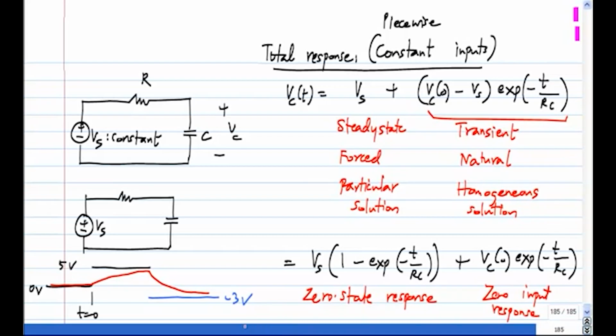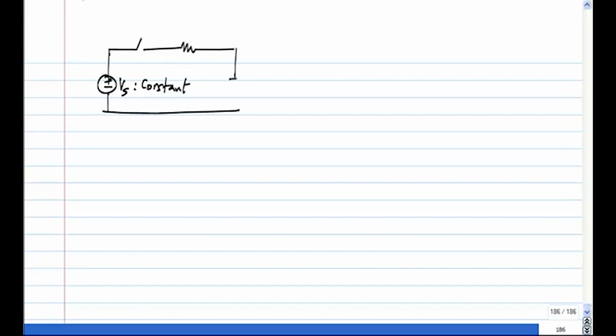Now, this kind of solution also applies when it is the same type of circuit, but looks very slightly different. So, let us say this is now a constant DC source, and you have R and C, and you must have seen problems of this type where the switch is either open or closed at some instant of time.